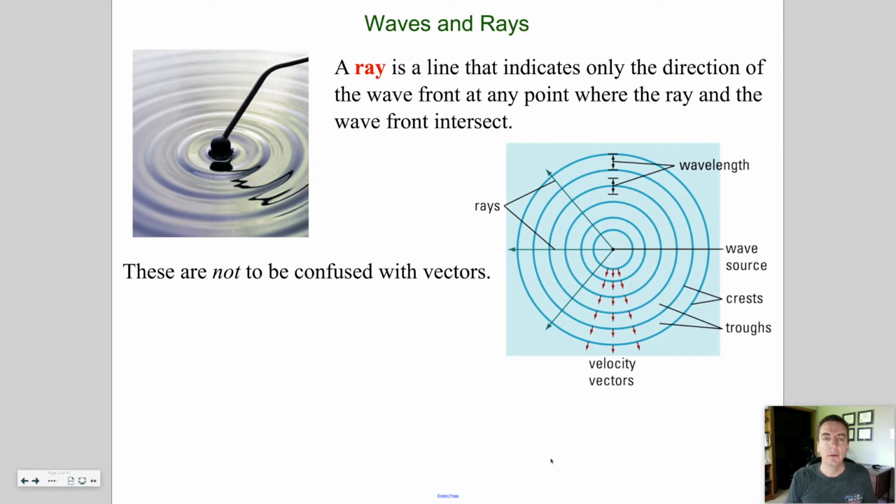A ray is a line that indicates only the direction of the wave front at any point where the ray and the wave front intersect. So basically, it's an arrow that represents the direction the wave is going. You'll see that when you take Physics 30, you will look at light waves bouncing off a mirror or passing through a lens, behaving just like a wave.